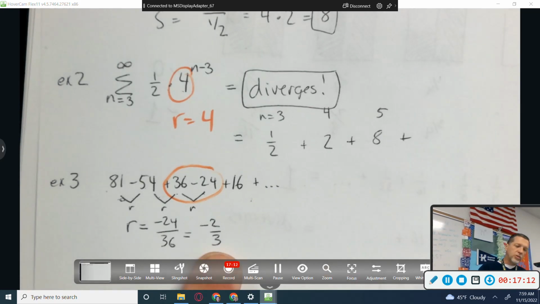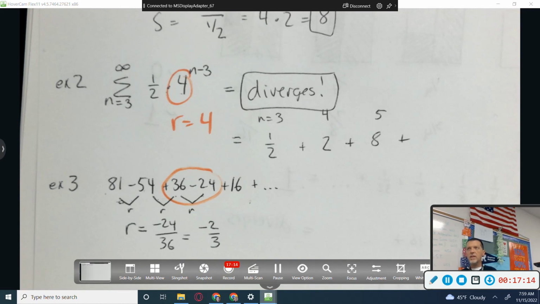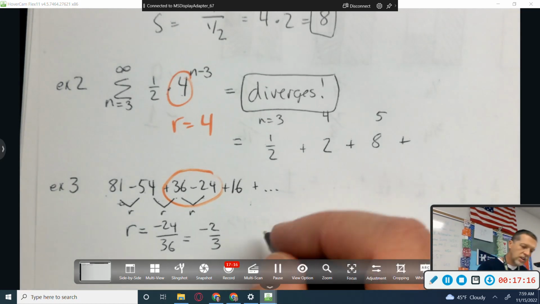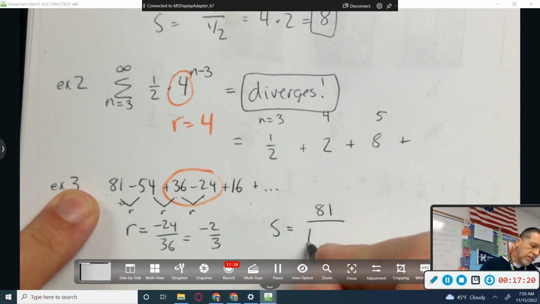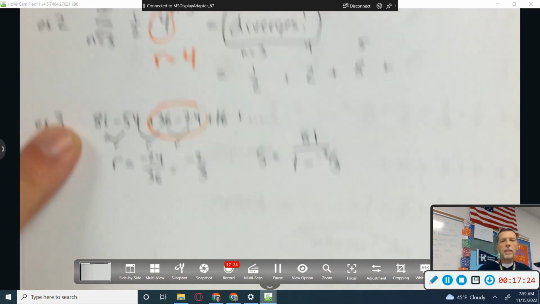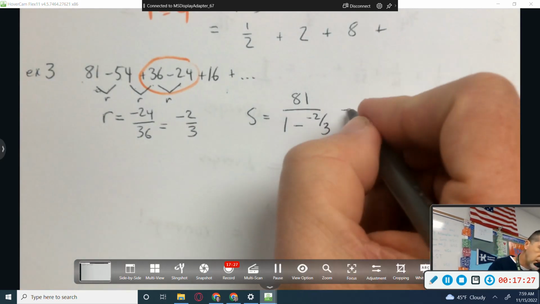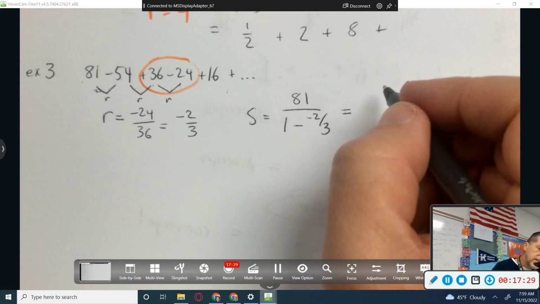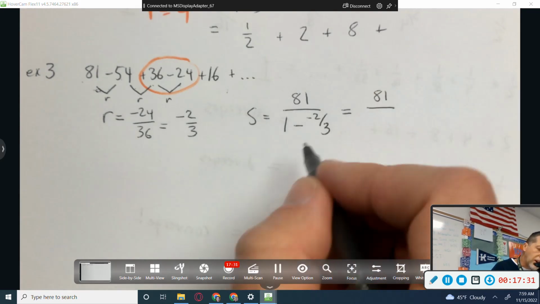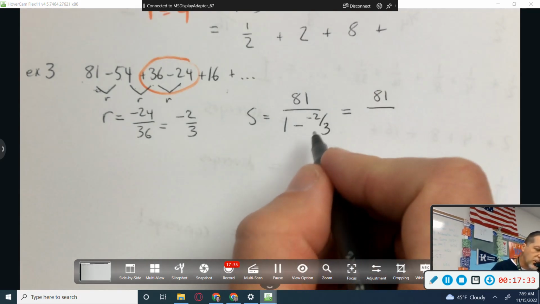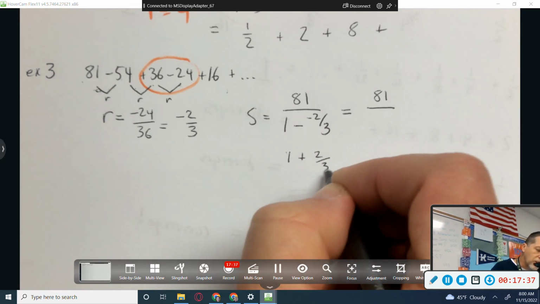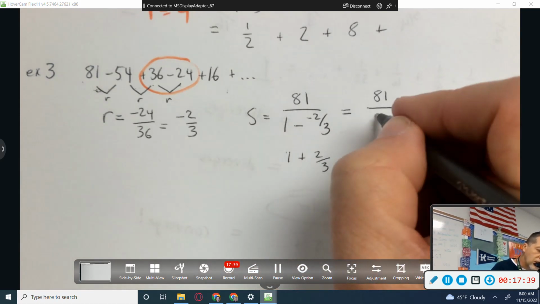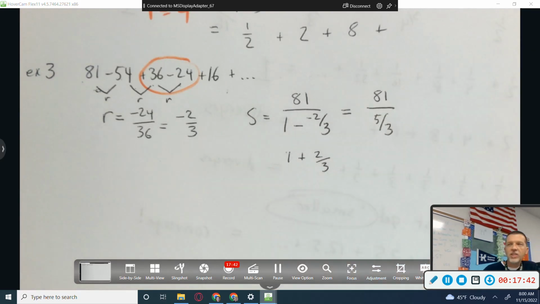So are we eligible to use the formula? Yeah, terms are getting smaller. So the sum is the first term, 81, over 1 minus negative 2/3. Uh-oh, we have to be careful here. 1 minus negative 2/3 would be 1 plus 2/3, which would be 5/3.